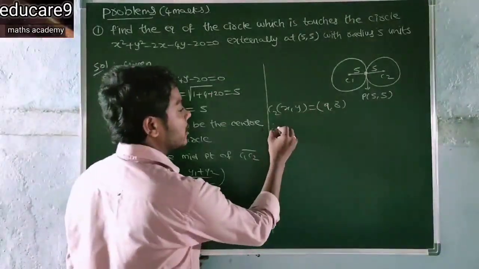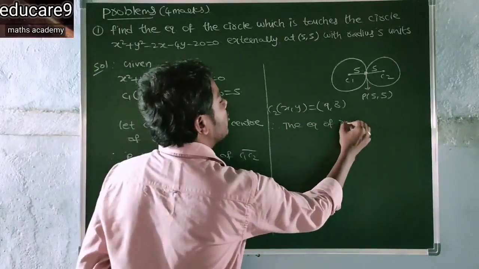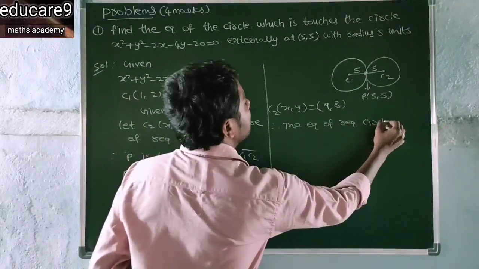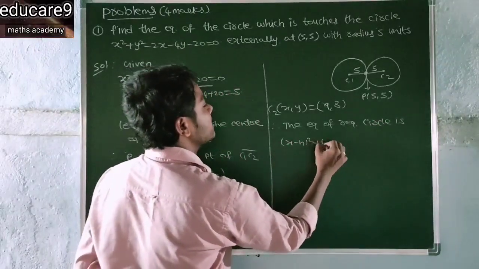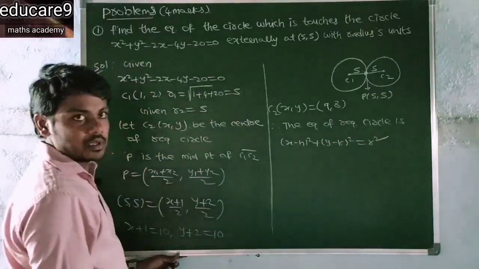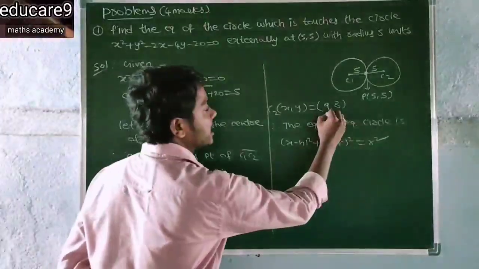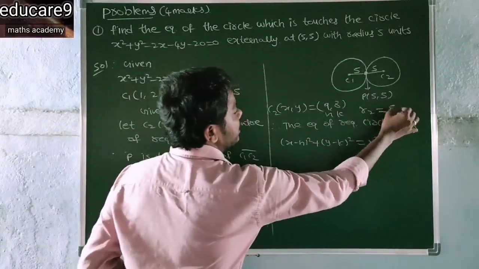So therefore the equation of the required circle is (x minus h) whole square plus (y minus k) whole square is equal to r square. (h, k) is the center of the second circle and the radius of the second circle is given, that is 5.